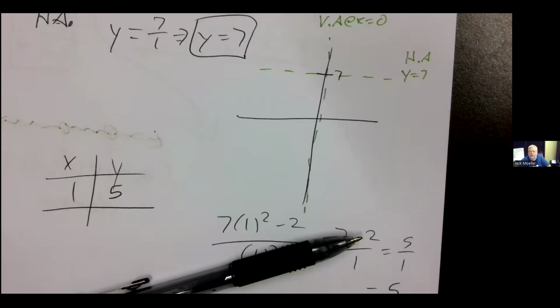The range: if you look at this graph, since it's split like this, do the range of the bottom and the range of the top. The range of the bottom is negative infinity up to the horizontal asymptote, which is at 0. And if you're not for sure, on the Desmos graph, since it's a bigger graph, you can definitely see it gets horizontal right there at y equals 0.